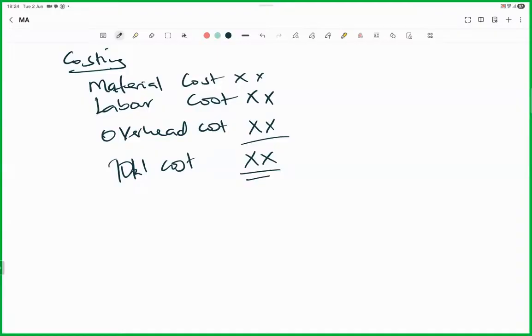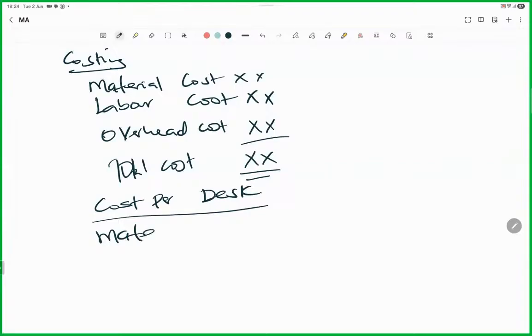So they want us, ladies and gentlemen, to give them cost per what? Is it desk or chair? It's a desk. So they want us to give them cost per desk. So we start with the material cost. Have they told us how many kilograms of materials? 3 kgs. And each kg goes for how much? 4.